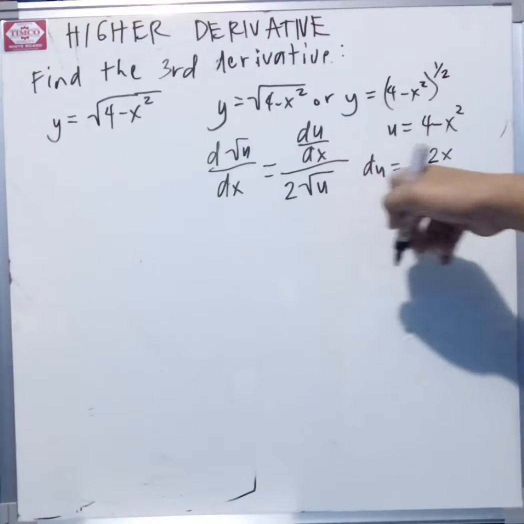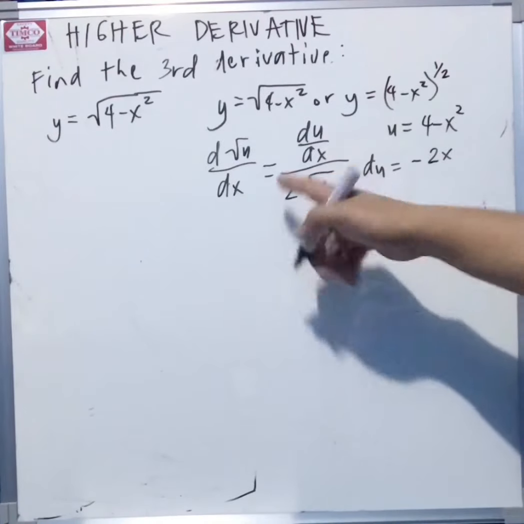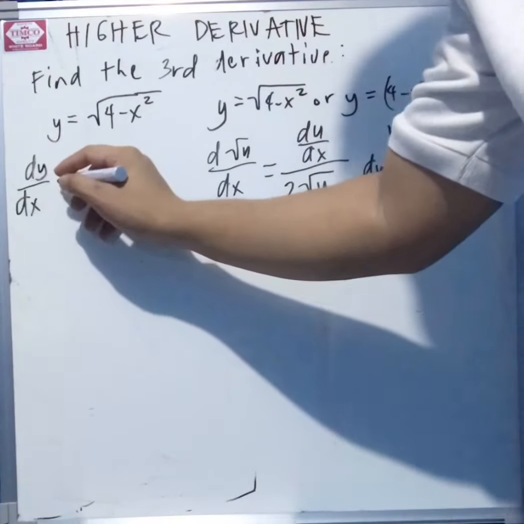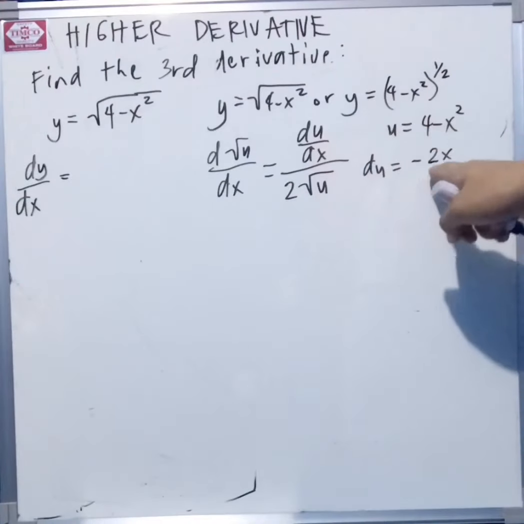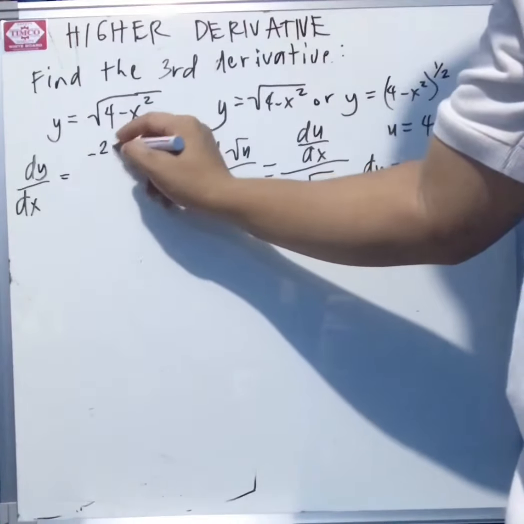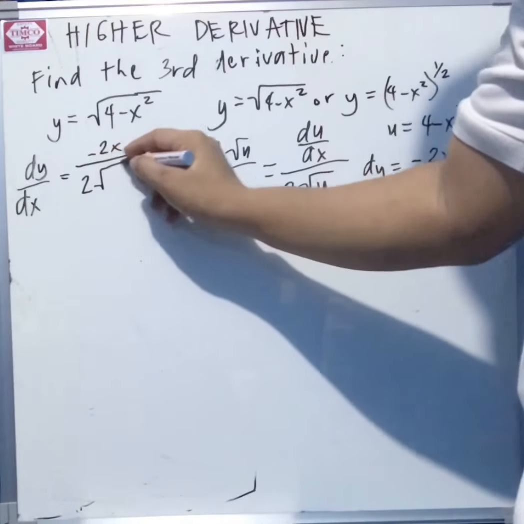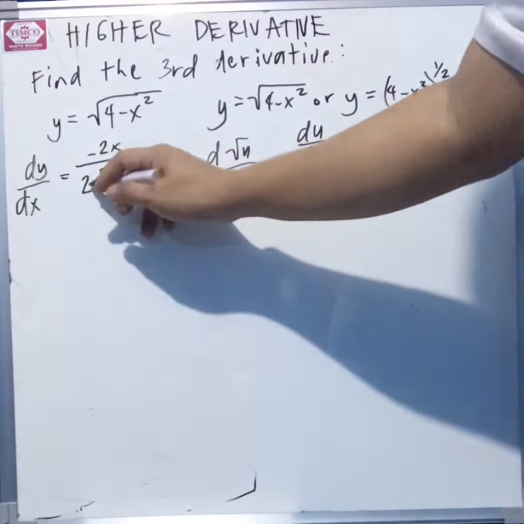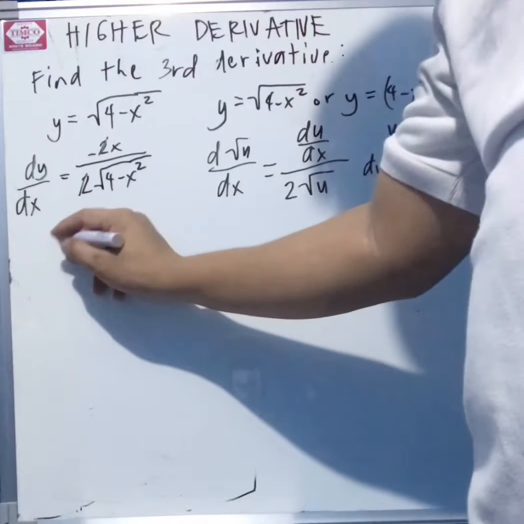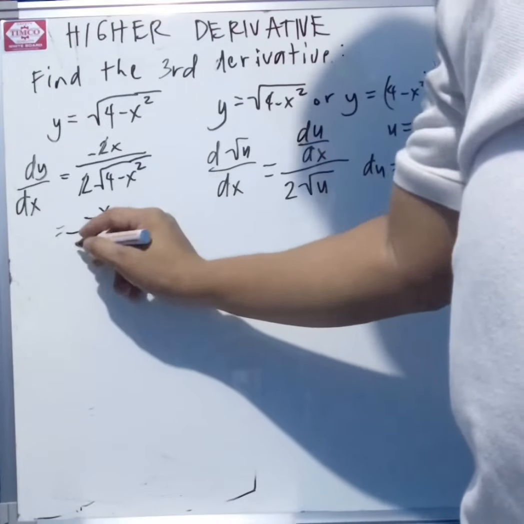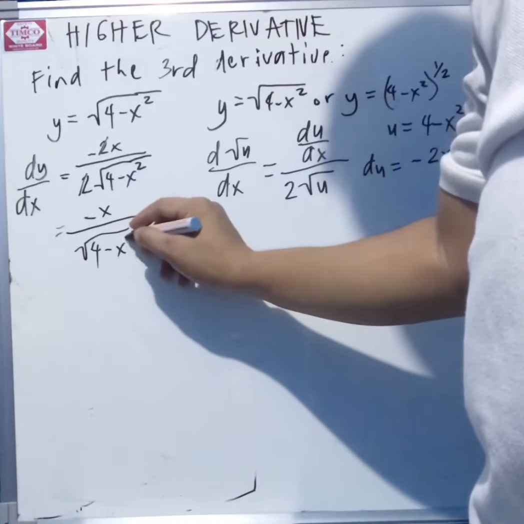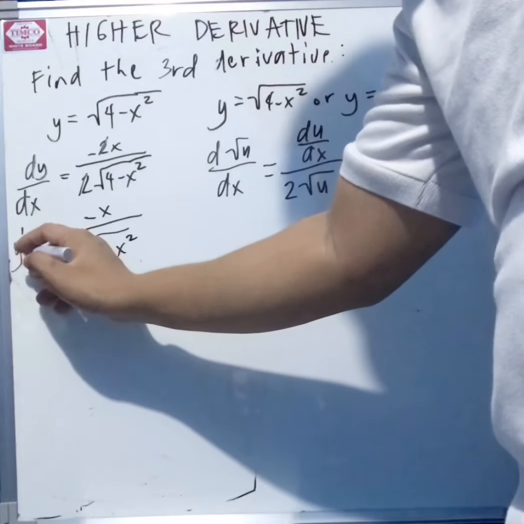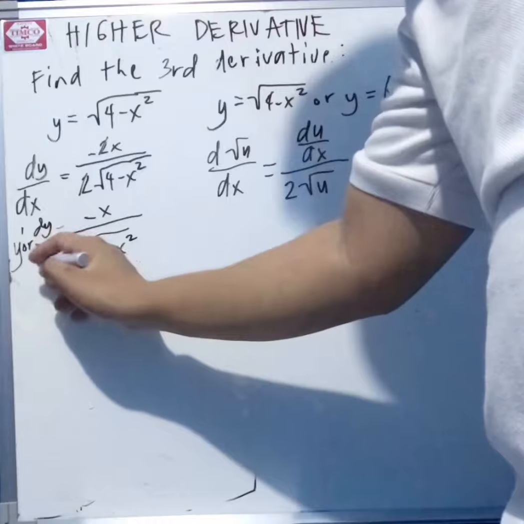So we substitute it into the formula. So dy/dx is equal to negative 2x all over 2 square root of u. Simplify: negative 2 over 2, so we have negative x all over the square root of 4 minus x squared. This is our y prime, or our dy/dx.